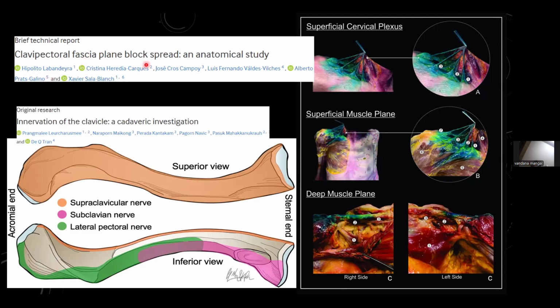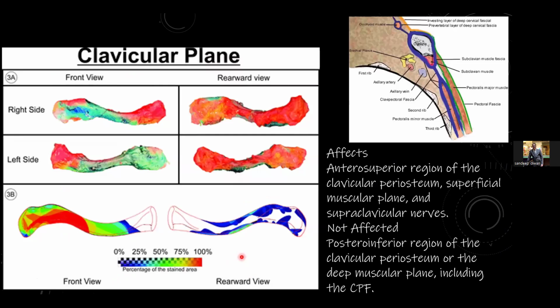Recently, an anatomical study by one of my friends, Xavier, mentioned that when you inject dye in the clavipectoral fascia, it would stain the superficial cervical plexus and the deep muscle plane, but that would be on the anterior and the superior aspect, but nothing on the posterior aspect. So that is what it lacks. There is no stain of the posterior aspect along the pectoralis major attachment and the subclavius muscle attachment.